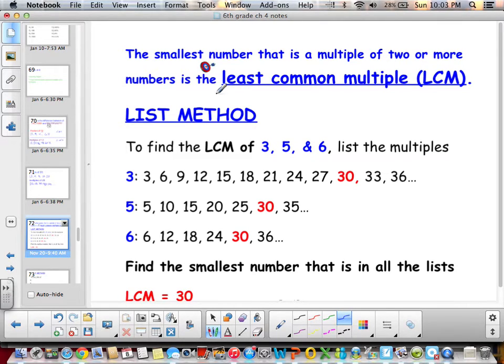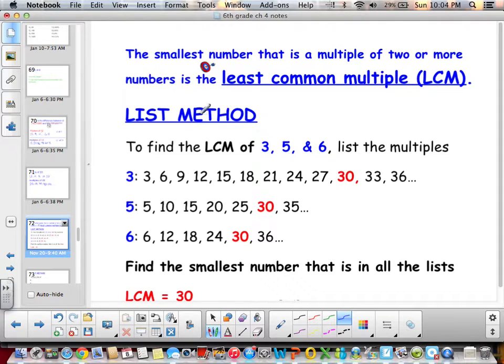If we think back to greatest common factor, we took two numbers and found the same factor that they both had, which was the greatest factor of each. Here we are looking at the multiples of the numbers that were given, and we're finding the least one. So the first multiple that we come to that they each have, basically.